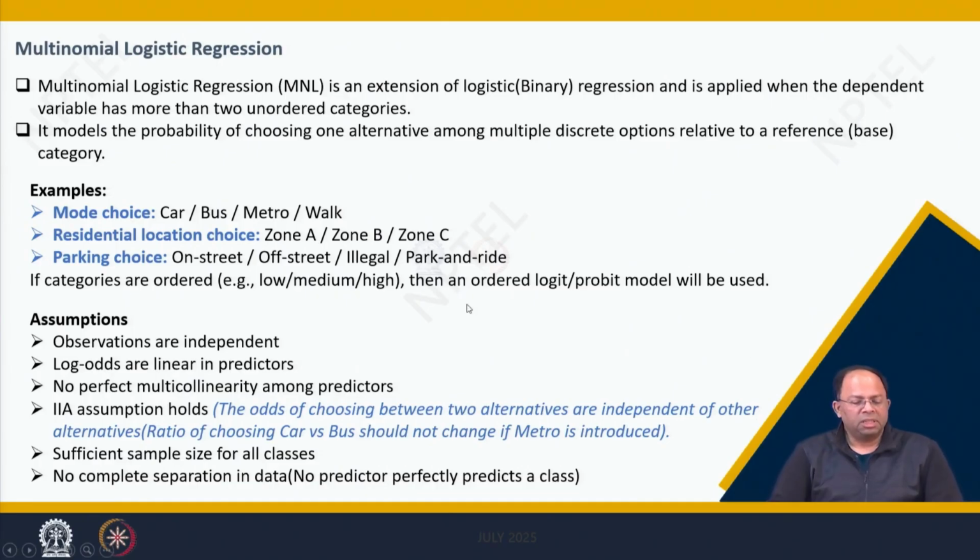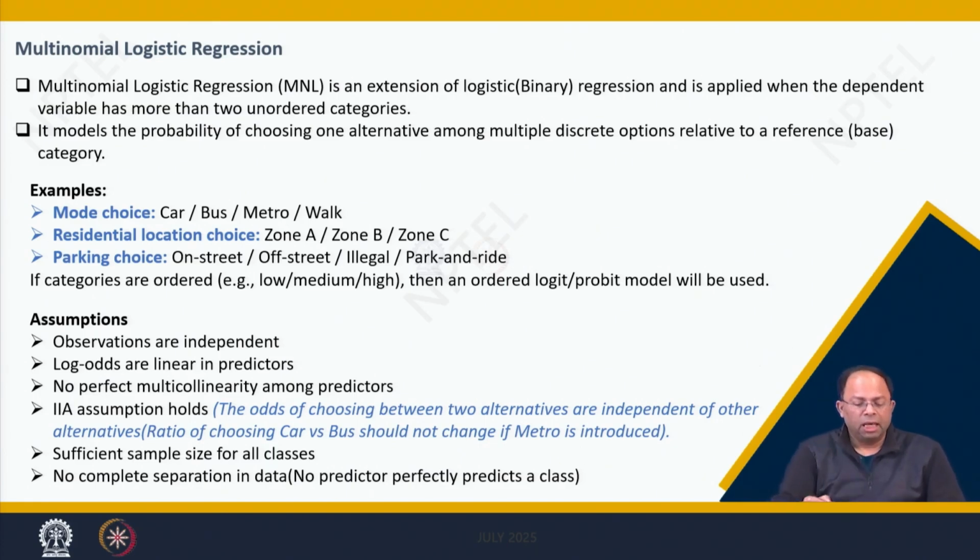So, some of the assumptions of MNL are: observations are independent, log odds are linear in predictors, same as the binary logistic model, no perfect multicollinearity among predictors, and then there is an IIA assumption which says that the odds of choosing between two alternatives are independent of other alternatives.